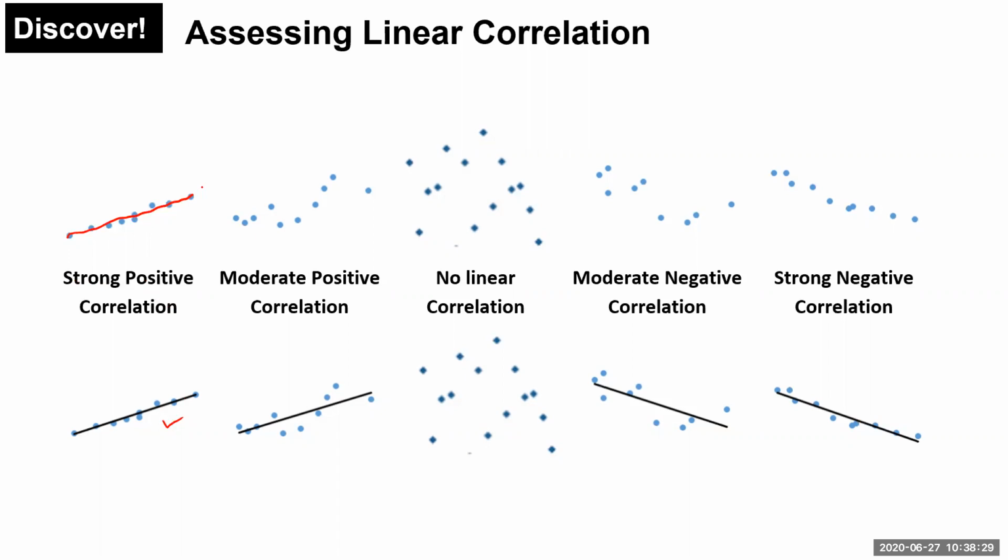Now, for the second one, if I draw a straight line through this, you realize that though this is a positive trend, very few of the points fall on the line, okay? So we're saying that there's a moderate positive correlation. Now here, if I draw a line, you realize that there is no linear correlation. This is scattered all over the graph. Is that okay?